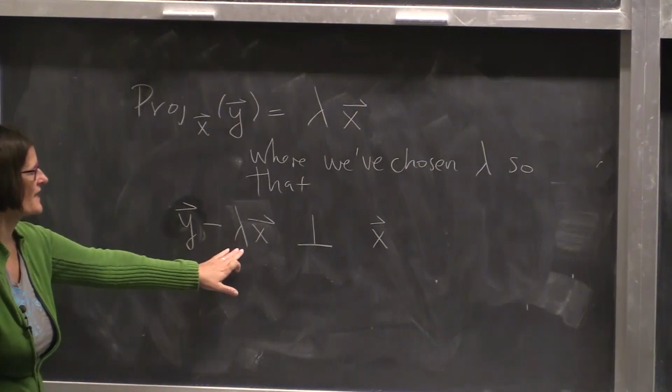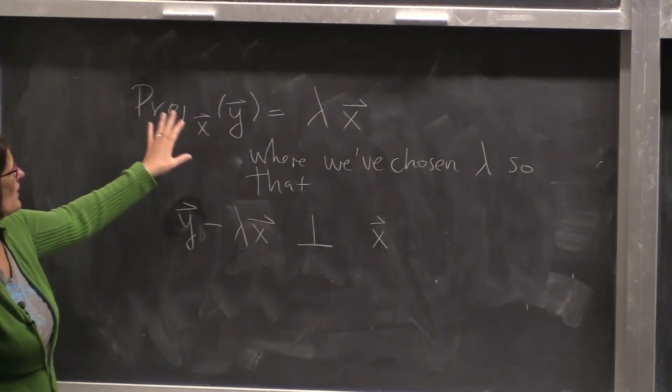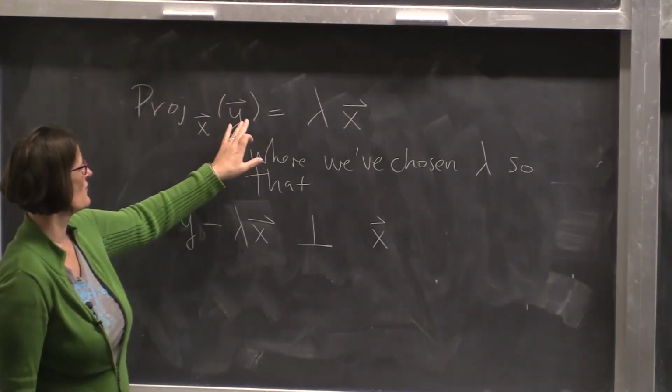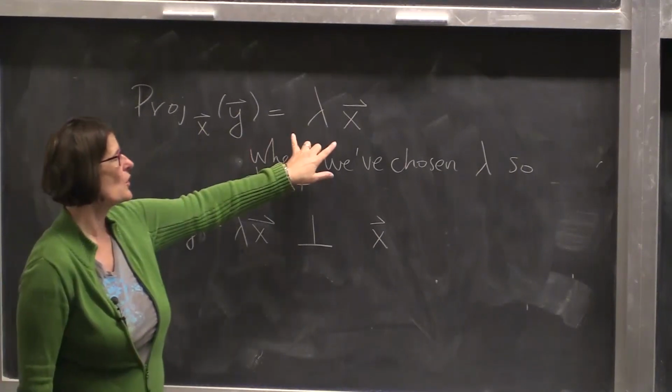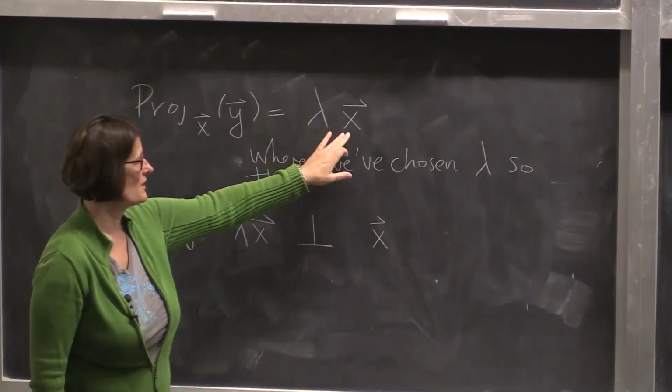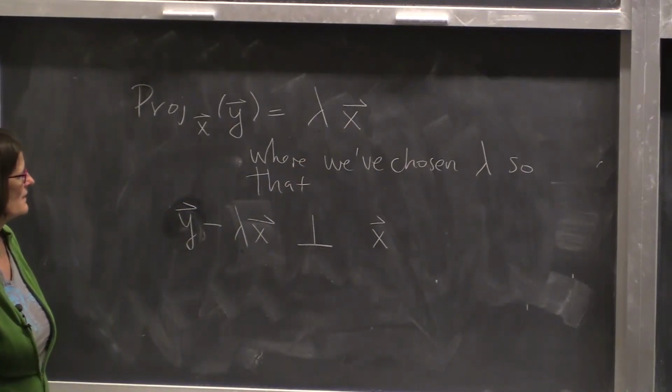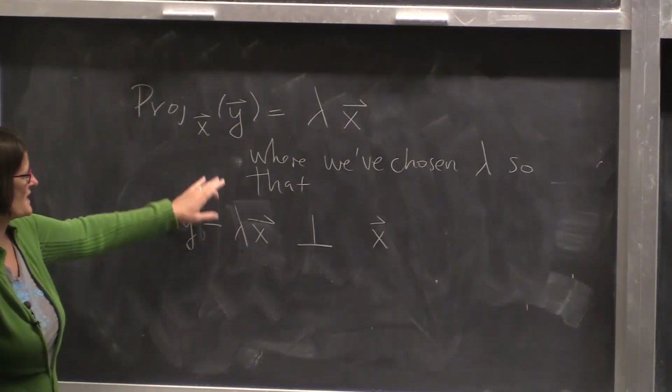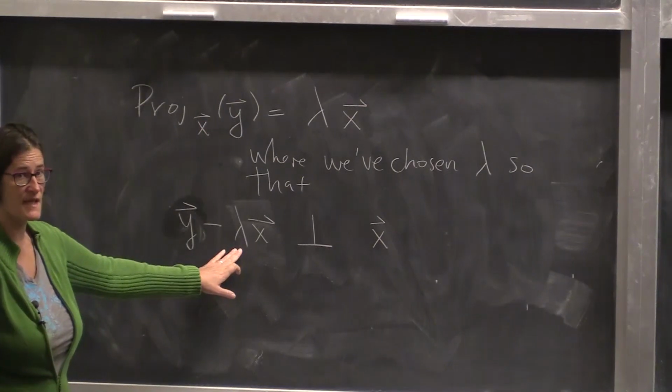We're trying to choose lambda just right. Here, all I'm saying is that the projection of y onto x is collinear with x. I'm just saying it's some scalar multiple of the vector x.